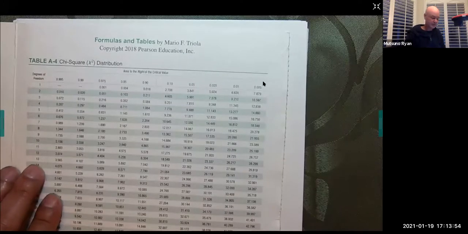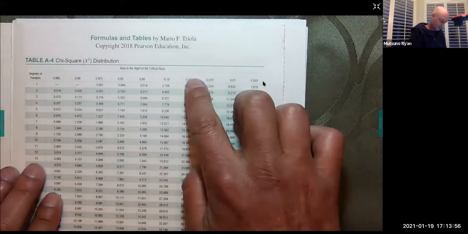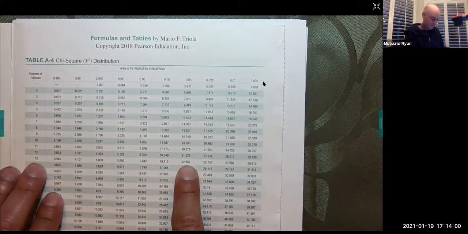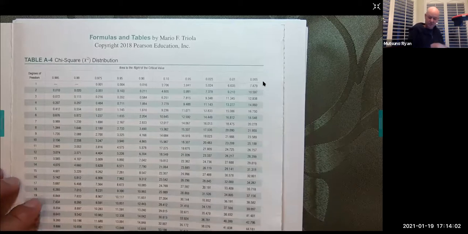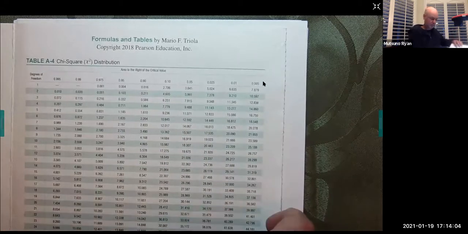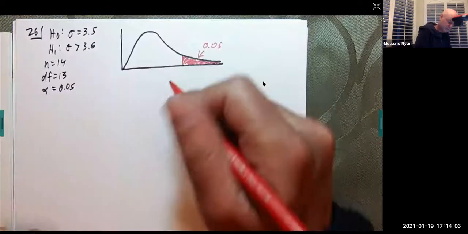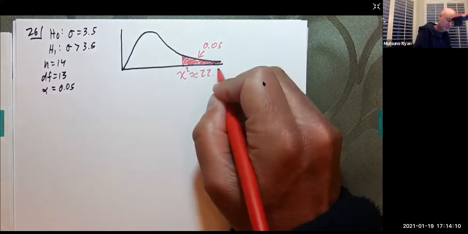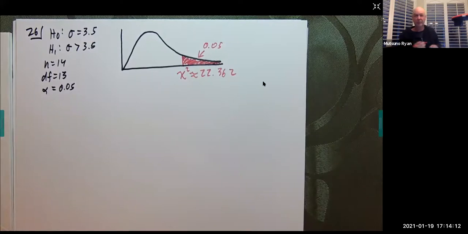So 13, 0.05. We are right here. Looks like 22.362. So that's my one critical value for this one.